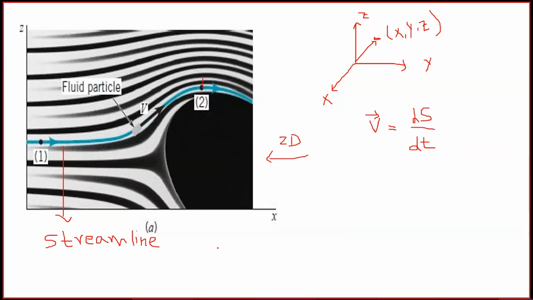Now the question may arise, what is steady flow? Steady flow is just like this. We assume this is a line and this is another line. This is point 1, this is point 2. Let's say there is a sensor here which measures temperature T, and there is another sensor at point 2 that also measures temperature.